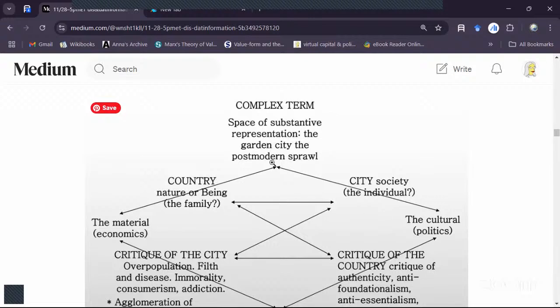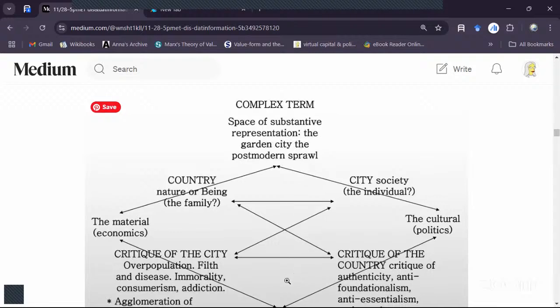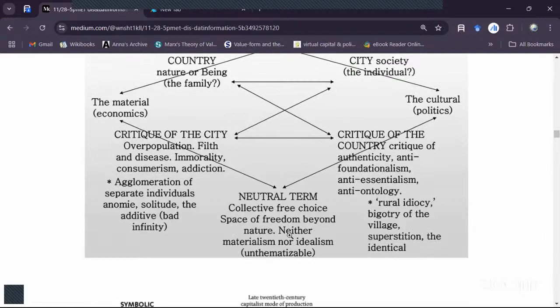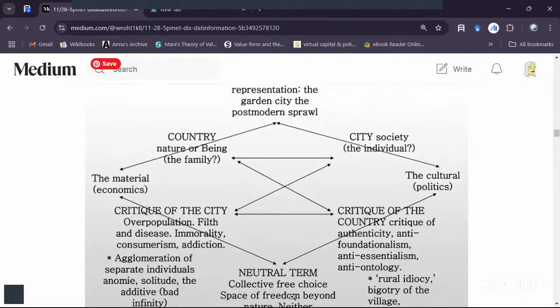So you can say that the postmodern sprawl in the city is like that, or something more neutral, or freedom of nature, or whatever is on the opposite here. On the right is the cultural. On the left is the material. On the diagonal here is country, that is rurality, nature. And on the other end is a critique of the country, that is what exists in the context of Trumpism, for example: anti-modernism, resistance, the critique of authenticity, anti-foundationalism, anti-essentialism, all this kind of stuff.